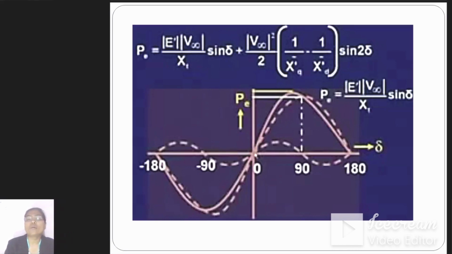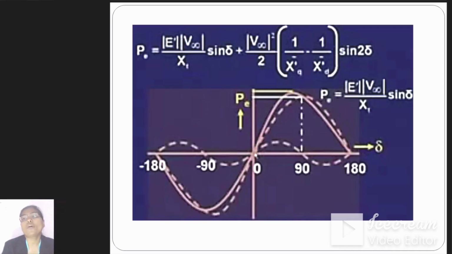This can also be termed the steady state stability limit. Beyond this limit, the extra electrical power cannot be transferred. After that, it loses its synchronism, it loses its stability. So further, you cannot expect the alternator to transfer its power. It has reached its stability limit.